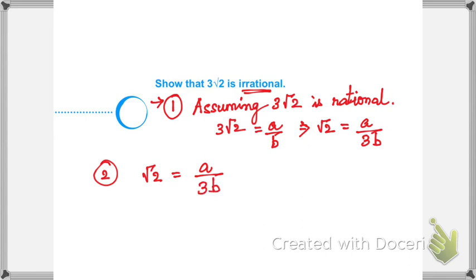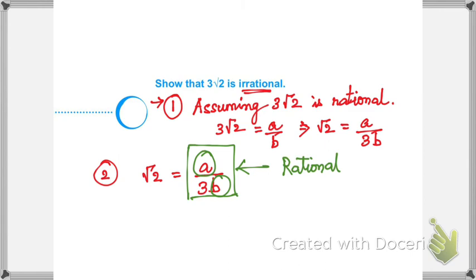As this a and b are integers, this a by 3b will be rational. And so this root 2 should also be rational. But we know that root 2 is irrational, so our assumption was wrong. Okay, so our assumption was wrong, and this 3 root 2 is irrational.